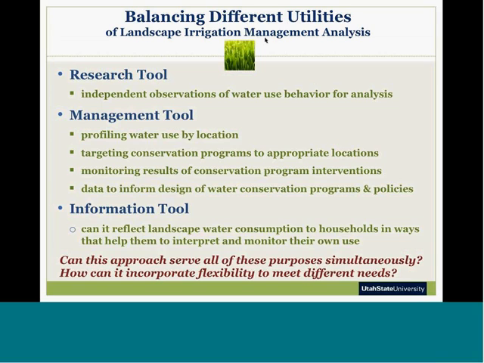And reflecting this information back to end users, we think is an important thing to do, because we think it could be a motivator for conservation when there is the capacity to conserve. So we're trying to assess how much the approach and the software and the tool that we've developed can simultaneously serve all those different purposes and other purposes that cities may have in using it, and that's one of the things that we want to talk to you about today, hopefully if some of you represent some water utilities.